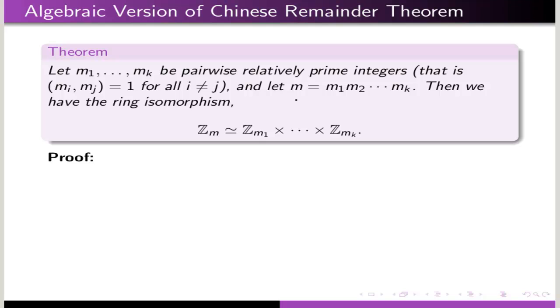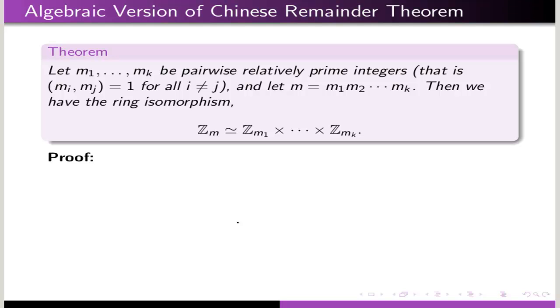I'll let m be the product of these k integers, and then I claim we have the following ring isomorphism: Z mod m is isomorphic to Z mod m1 cross Z mod m2 cross all the way down to Z mod mk. Isomorphism again means there's a one-to-one correspondence between these rings that preserves the multiplication and addition structure.